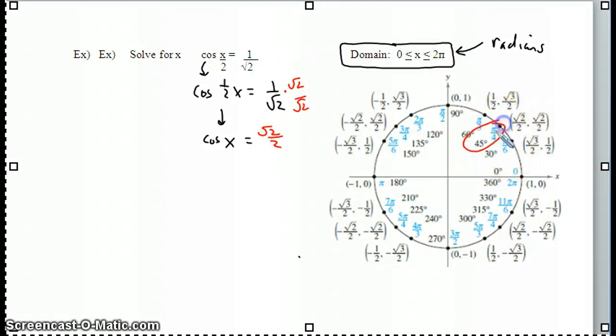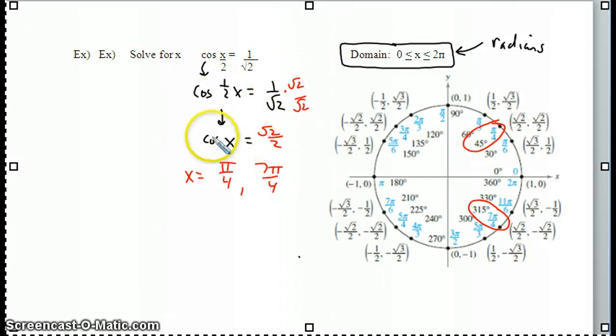I see pi over 4, and I see 7 pi over 4. So when we solved this, we said that x was equal to pi over 4 and 7 pi over 4.